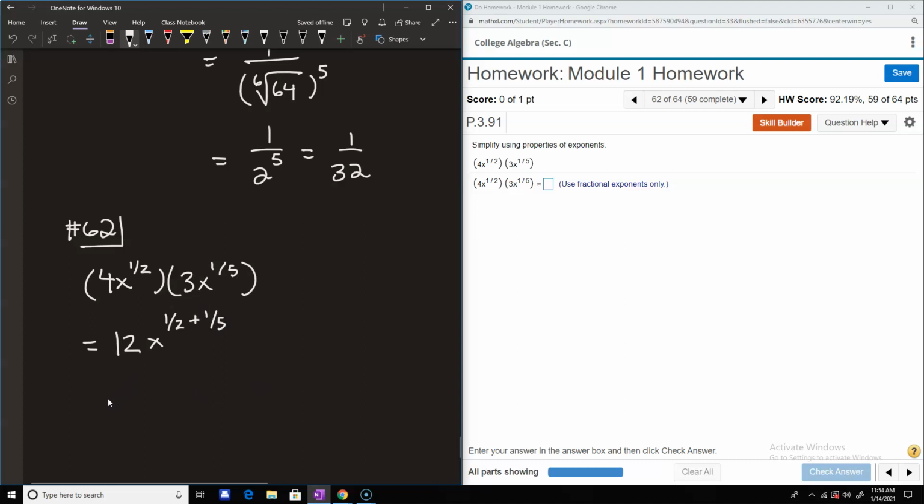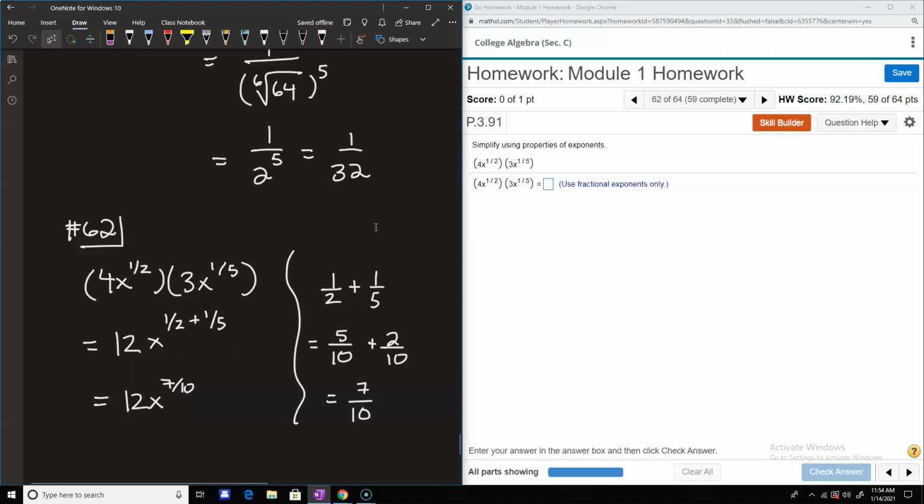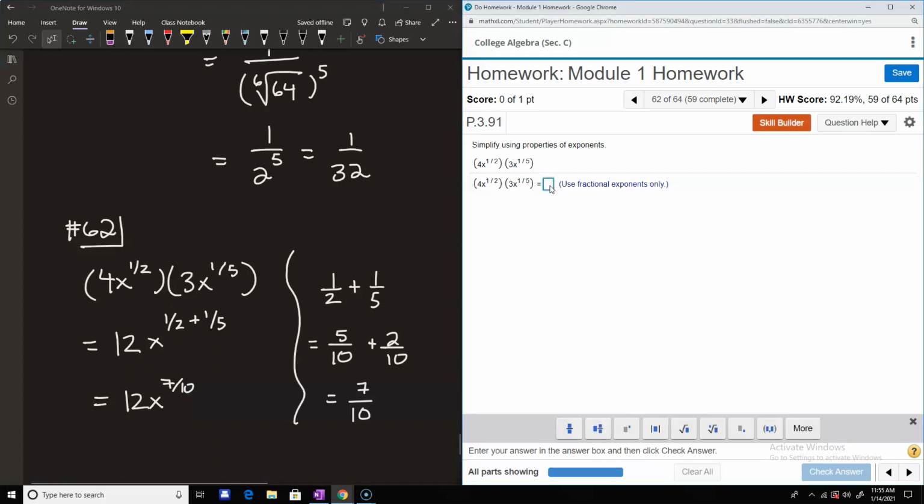So a common denominator would be 10. So maybe we'll do that just over here on the side. 1/2 plus 1/5. Well, 1/2 is 5 over 10. And 1/5 is 2 over 10. So this would come out to 7 over 10. So this is really 12x to the 7 over 10. And they want us to use fractional exponents, so that would be the final answer. 12x to the 7 over 10.